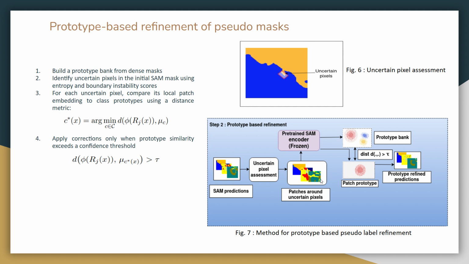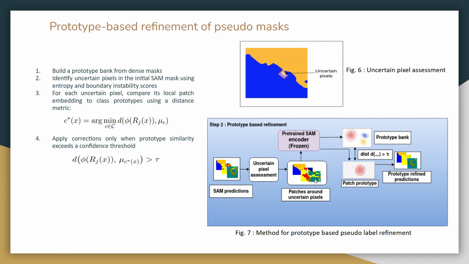And these patches will have a class. So this patch will be matched to each of the prototypes, and then we measure the minimum distance between the prototype and the patch.